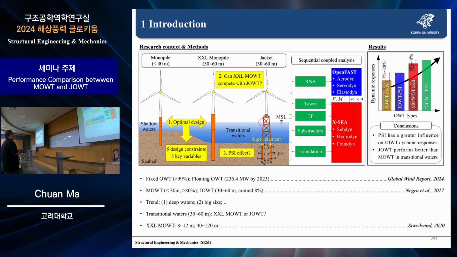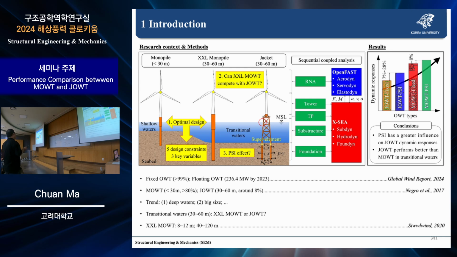However, with the trend of offshore wind energy development toward deep waters and large size, some scholars and companies propose the XXL monopile concept, with diameters between 8 and 12 meters and lengths from 40 to 120 meters, to replace the jacket substructures.